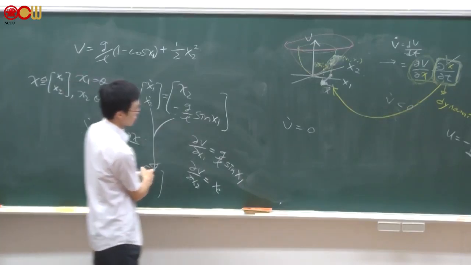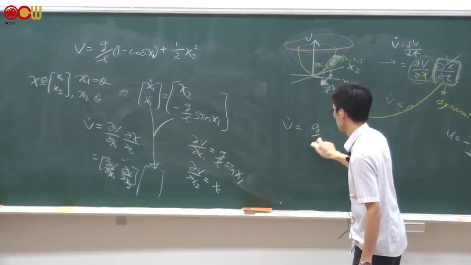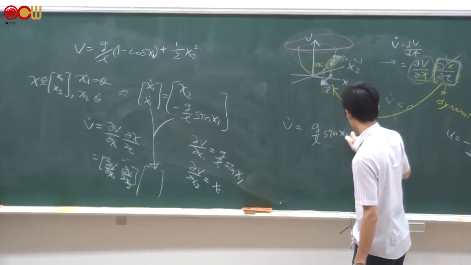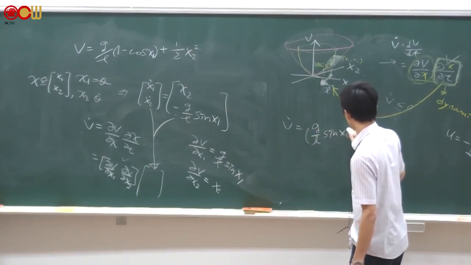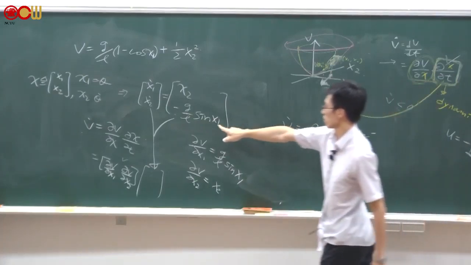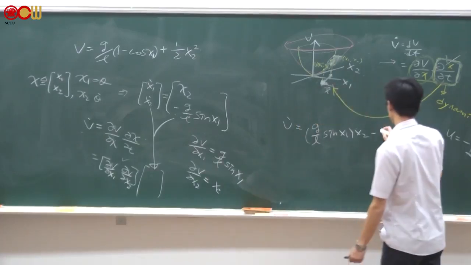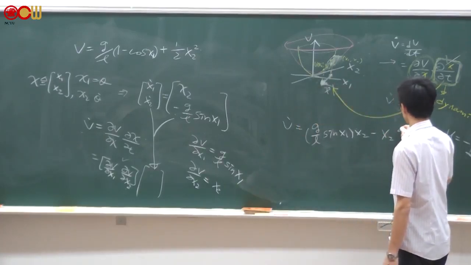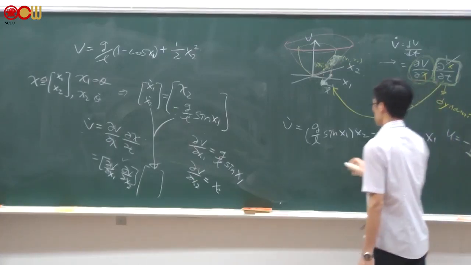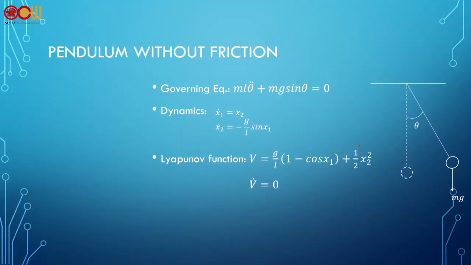This times x2, which will be g over L sin x1 times x2, minus this times this times this, which is also x2. Right? So it's 0.